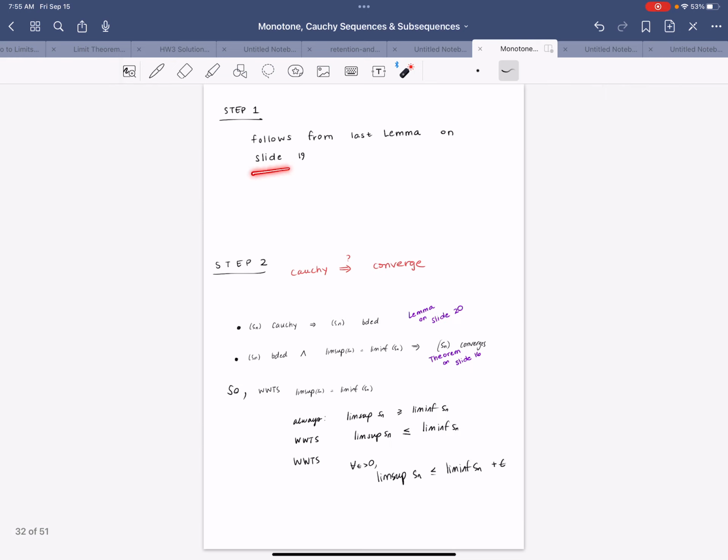That's going to follow from a lemma that we did. Now, to prove that Cauchy implies convergent in R, we coupled two facts. First, if our sequence is Cauchy, then it's bounded. And then we wanted to prove that the lim sup is equal to the lim inf, because if the lim sup is equal to the lim inf and it's bounded, that means that it converges to a real number.